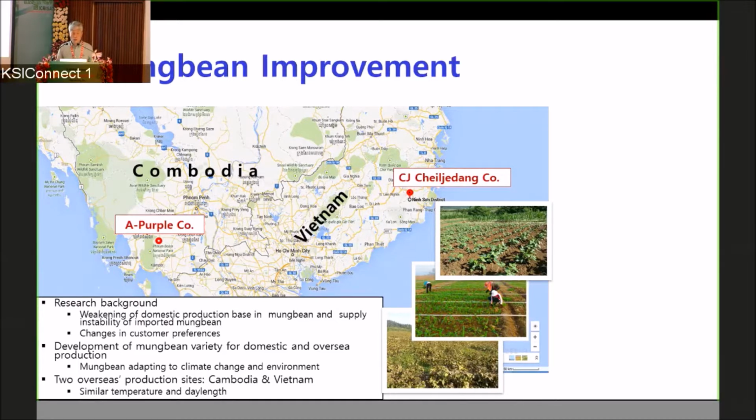Depending on the planting times, we have trouble finding the best desirable genotypes because of the seasonal variations. But anyway, we found some elite lines, and the lines will now be grown in Vietnam a little bit more massively.